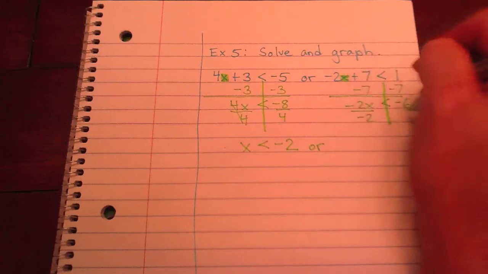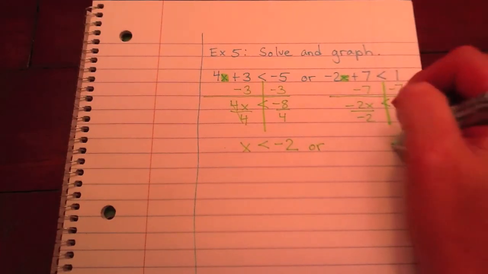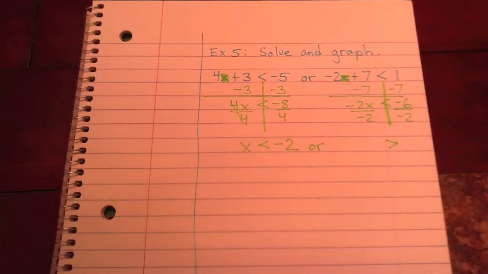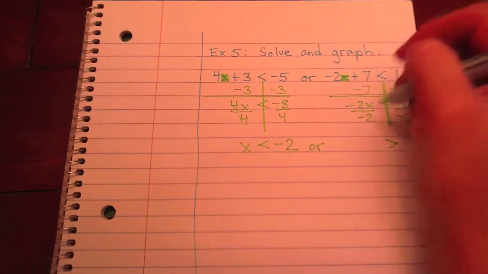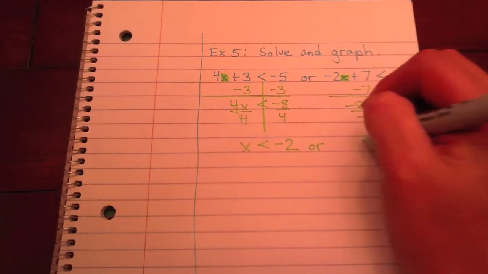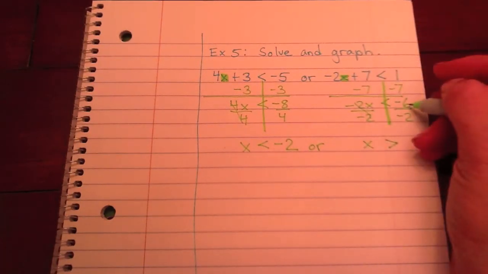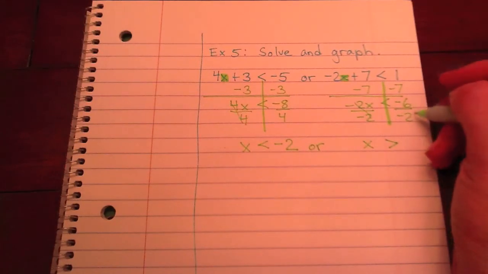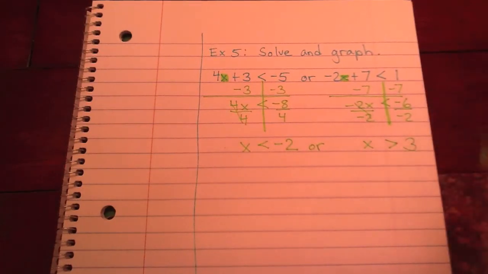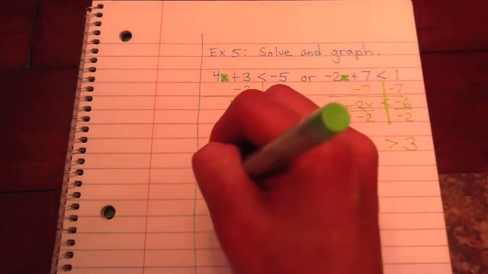Divide by a negative 2, and when you divide by a negative, go flip your inequality around right away so you don't forget. This becomes a 1. Bring down my x. Negative divided by a negative is a positive. 6 divided by 2 is 3. And that's my answer. X is less than negative 2, or x is greater than 3. And then I would go graph it.